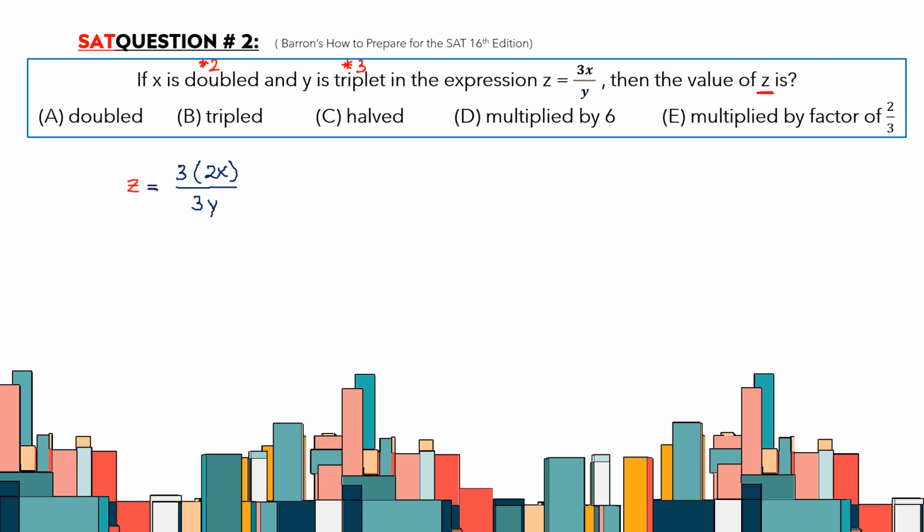To know how much z changes, we can take the new z, divide by the original one.